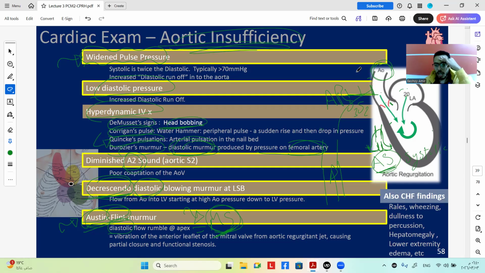So I would be having a very loud sound in the early diastole because there is a great pressure difference between the aorta and left ventricle. So it would be very high flow, but it would be decreasing because by the time the flow would be equal, there wouldn't be a lot of difference. So it's called decrescendo. That is decrescendo, a Latin word meaning decreasing. That's the aortic regurg one.